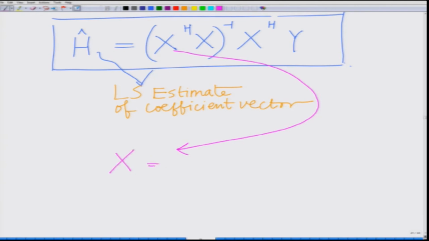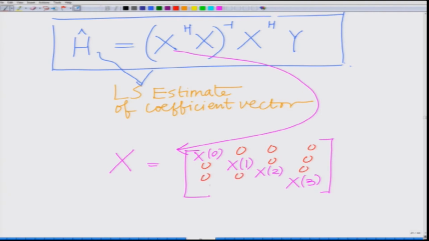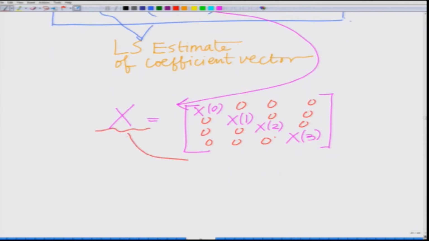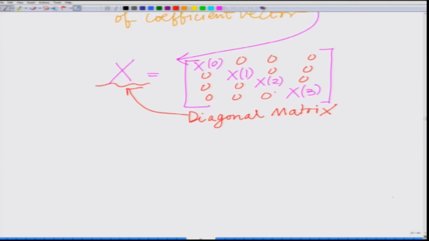Let me write it explicitly: X is x0, x1, x2, x3 on the diagonal, only diagonal entries are non-zero, the rest of the entries are 0. So X is a diagonal matrix which is invertible.